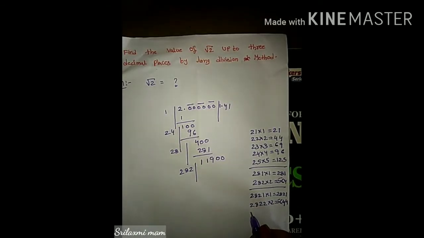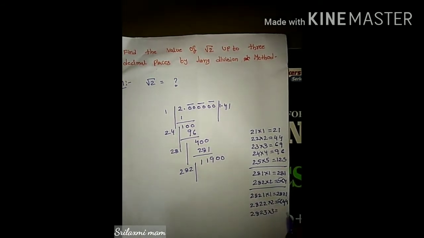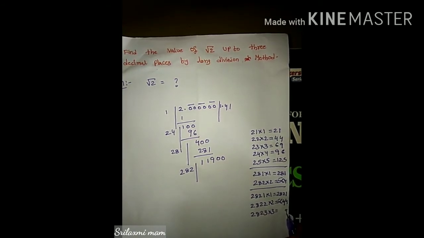So we take 2823 into 3, that means 8469.